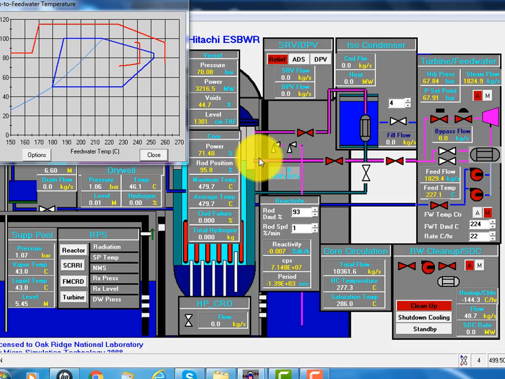Suppose I decrease the feed water temperature, see the power will go up. So that's the idea of ESBWR for normal power operation.